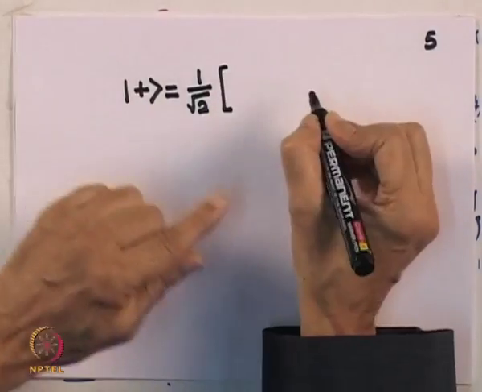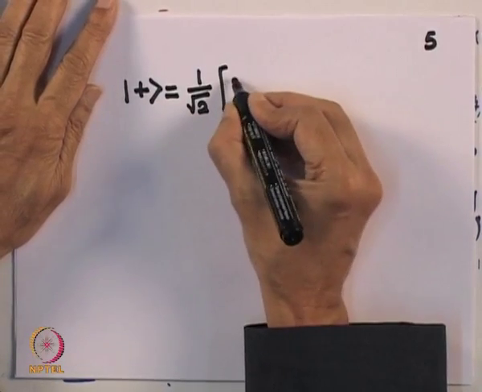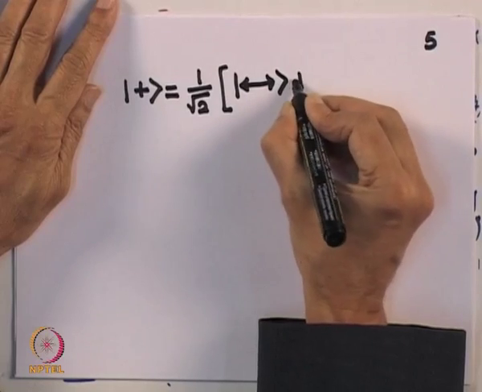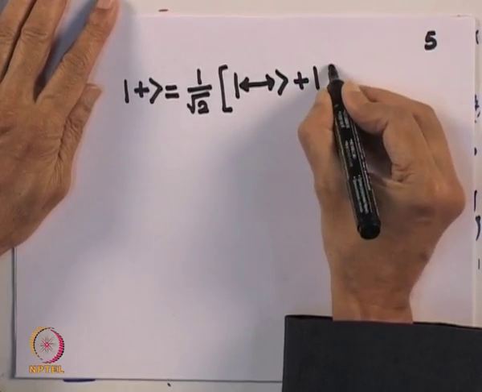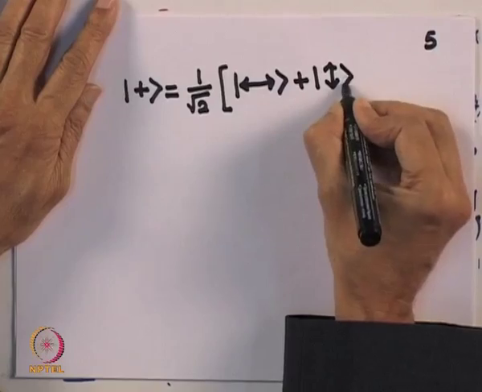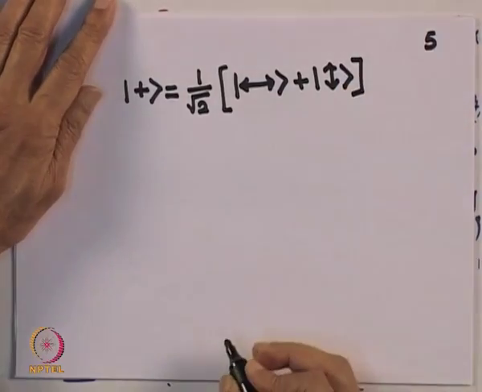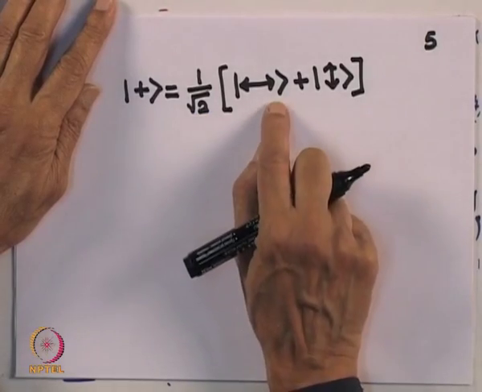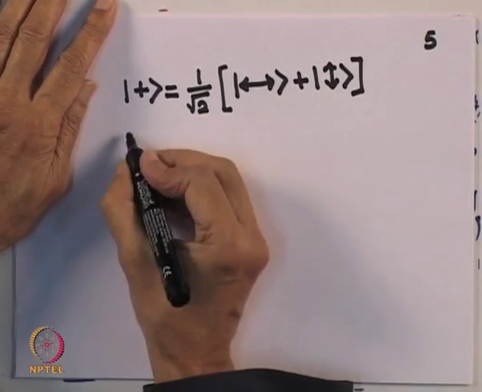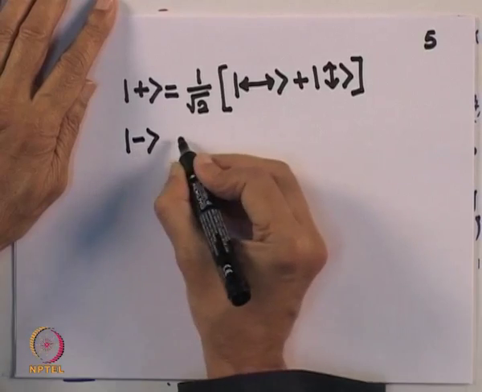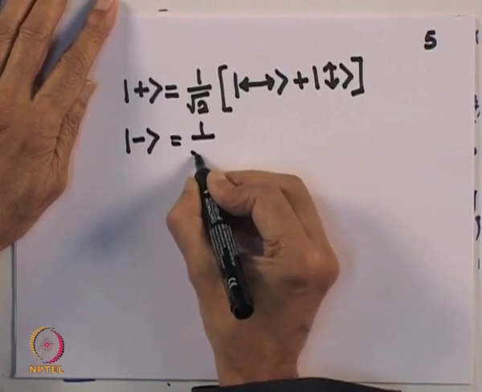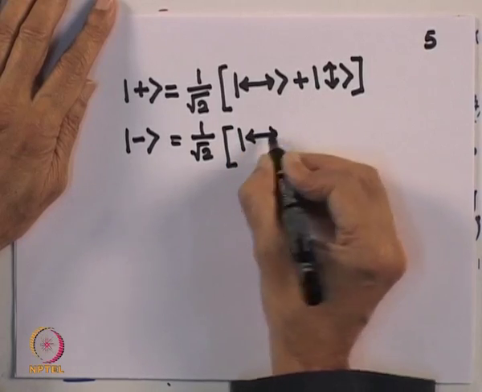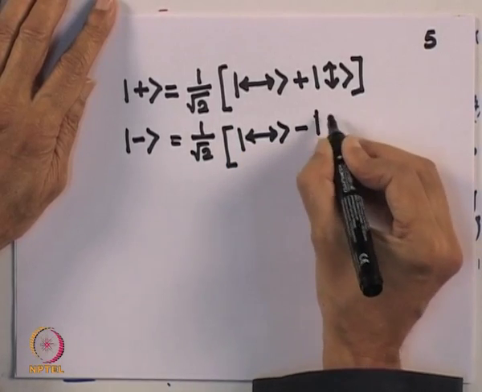I could write it as 0 plus 1, but let me write it pictorially as horizontal plus vertical, which is just another way of writing 1 over square root of 2, 0 plus 1, and the minus state, which is 1 over square root of 2, 0 minus 1.